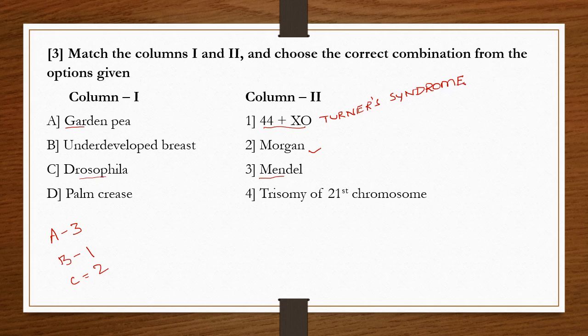It is a symptom in the trisomy of 21st chromosome, that is Down's syndrome. So D is 4. So the correct option for this question is option 2.